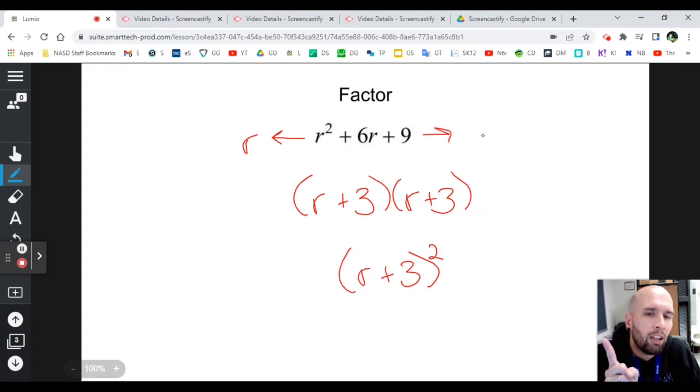If I take that one and square root it, I'll get 3. And 3 times r times 2 gives me the middle term. So if you look at this right away and say, I'm going to think about r, I'm going to think about 3, I'm going to multiply it by 2, do I get 6r? Yep. You automatically know that you are at a perfect square trinomial. Don't go any further.